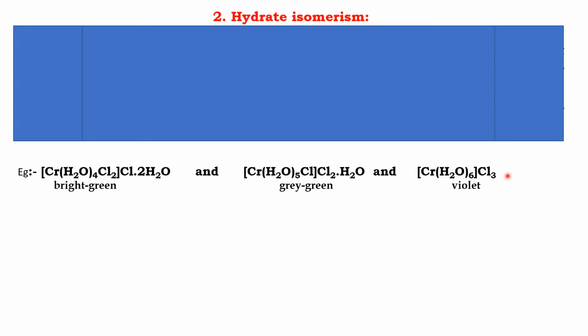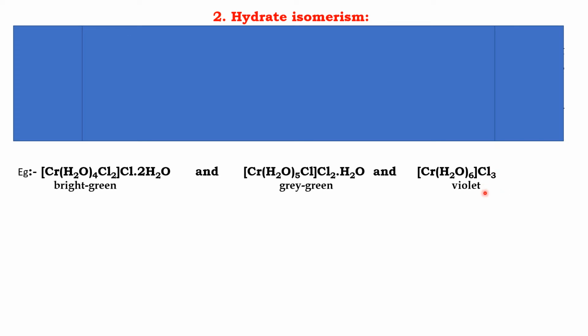If I take these 3 compounds and dissolve them in water, this compound will give a positive test for chloride ion because there is a chloride ion in the ionization sphere. This compound will also give a positive test for chloride ion because there are two chloride ions, and this also will give a positive test for chloride ions.